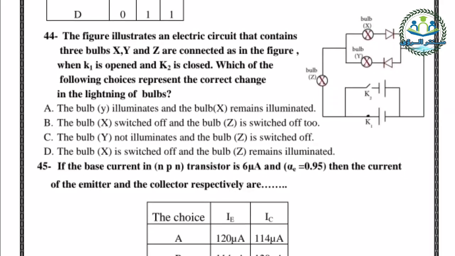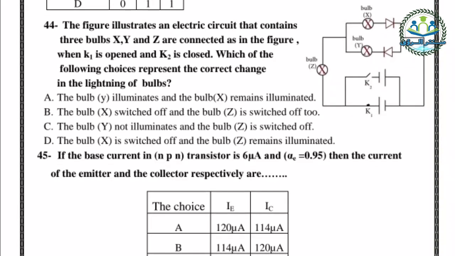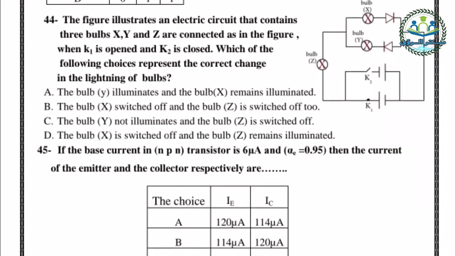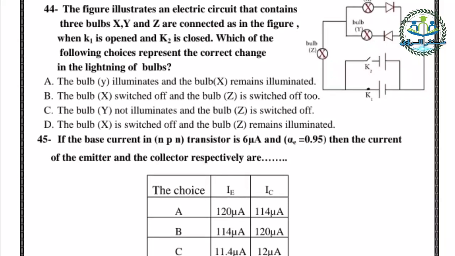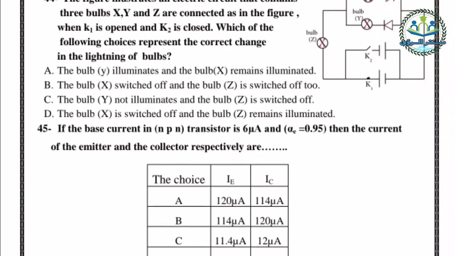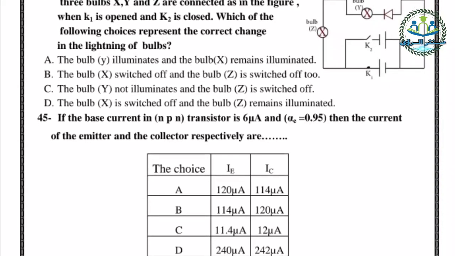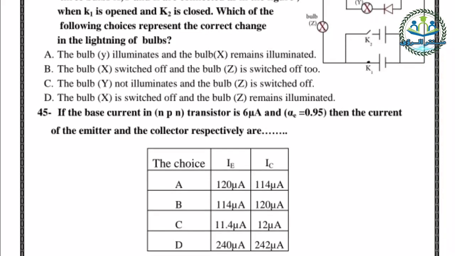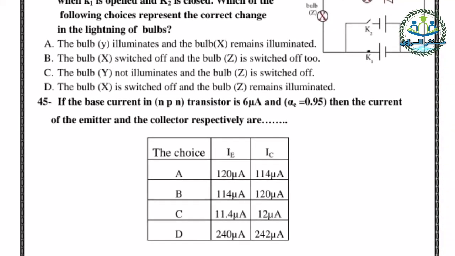45. If the base current in an NPN transistor is 6 µA and α equals 0.95, then the currents of the emitter and the collector respectively are... The choices: A. IE equals 120 µA, 114 µA.